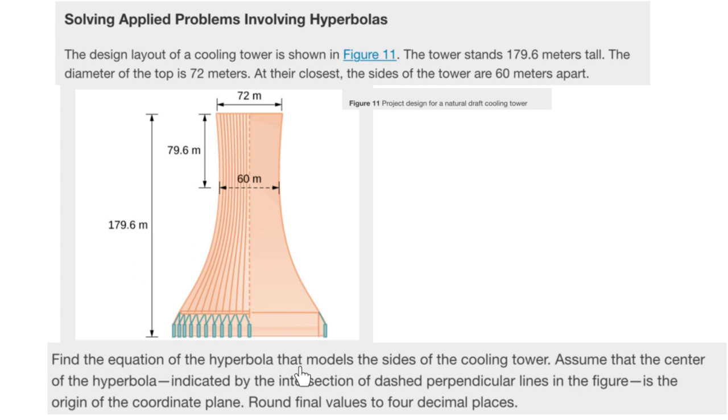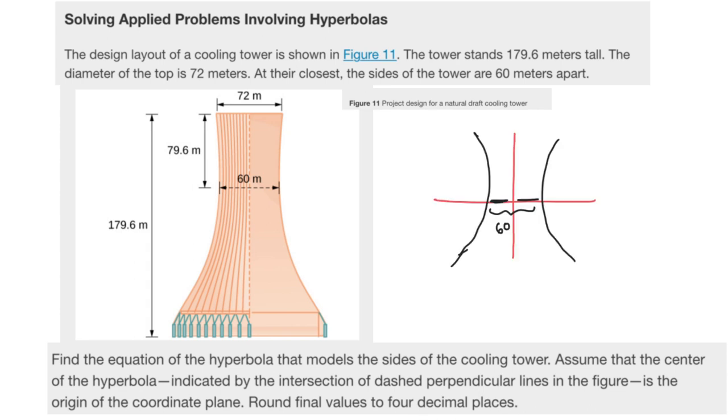Find the equation of the hyperbola that models the side of the cooling tower. Assume that the center of the hyperbola indicated by the intersection of the dashed perpendicular lines in the figure is the origin of the coordinate plane, and round the answer to 4 decimal places.